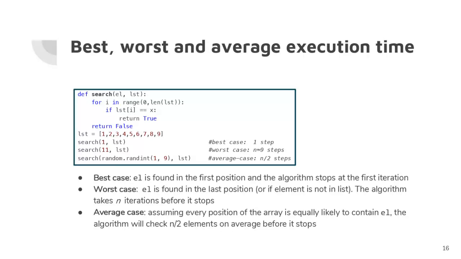So that's O(n). While in the average case, if the element is in the list, sometimes it's at position 1, sometimes it's at position n, sometimes at n divided by 2. So on average, you do n divided by 2 steps. So we also say the average case is, mathematically, theta n, or theta n divided by 2.